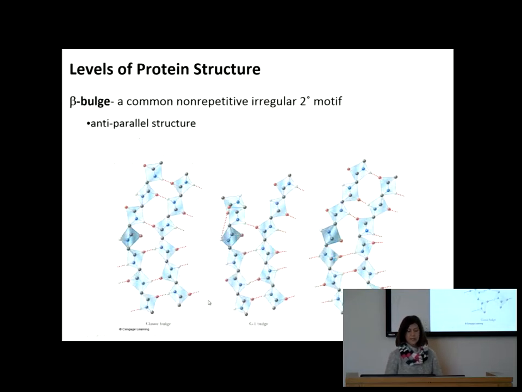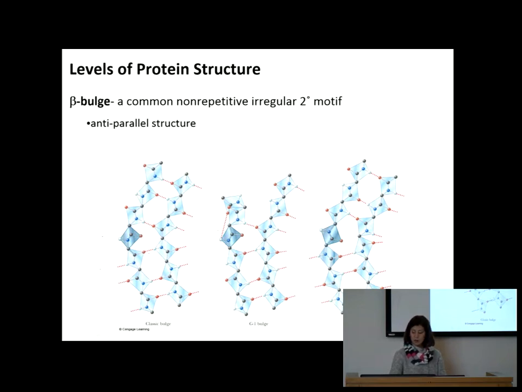All right, so things that can happen to the beta sheet is this beta bulge. What happens is sometimes one amino acid is left out, where the length of one of the chains on one side of the beta sheet is longer than the other one.